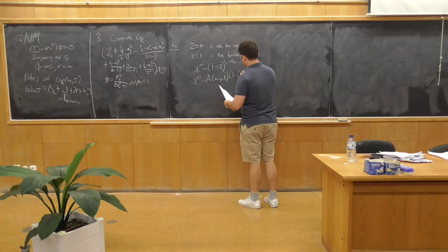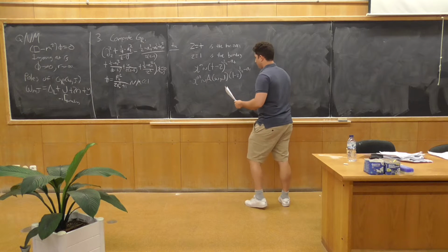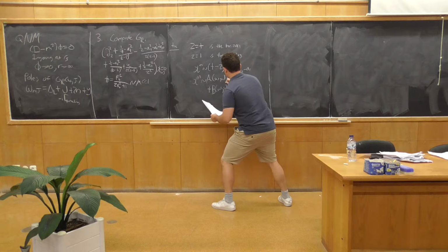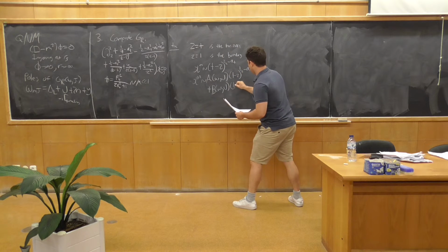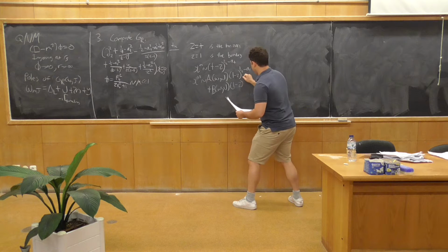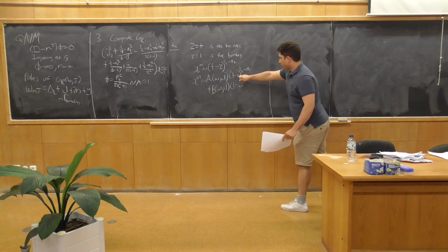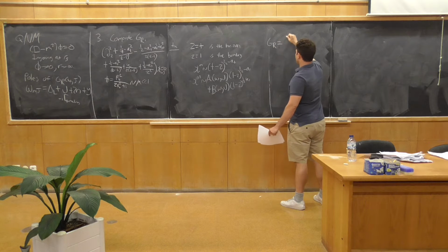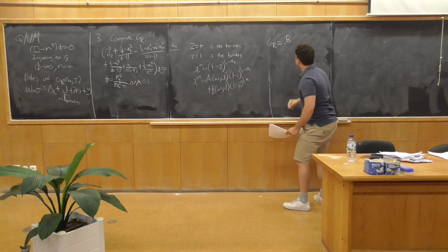There are two behaviors near the boundary: one source and one response, and this is what that looks like in terms of these a parameters, even though I haven't told you what they are. Once we know this, the retarded Green's function is given by the response over the source.